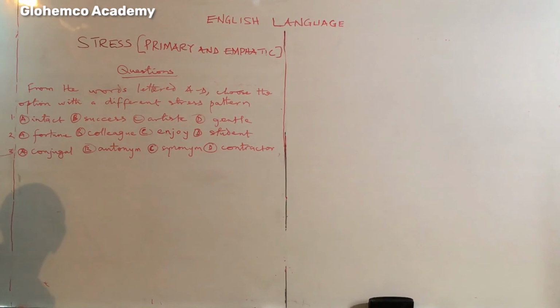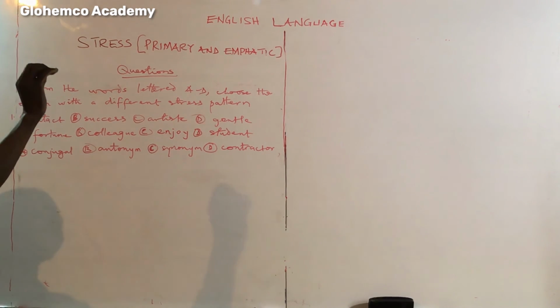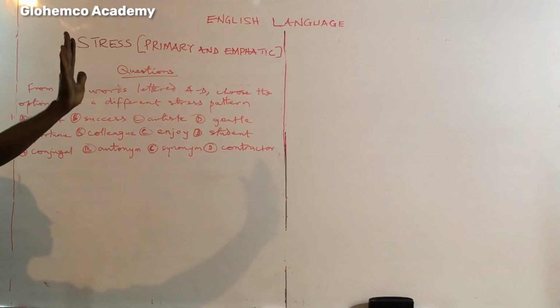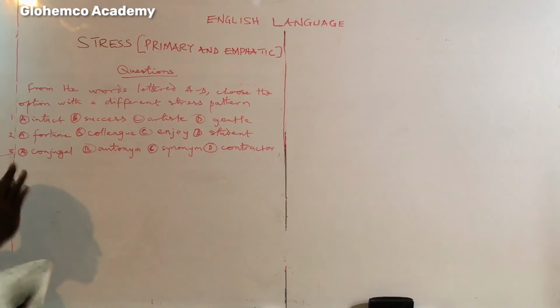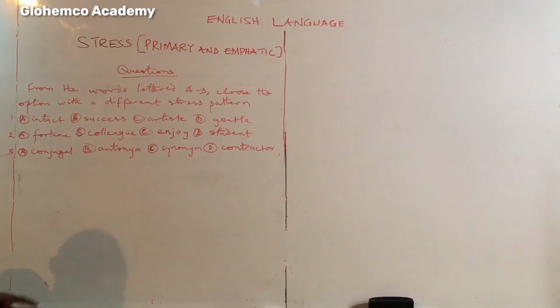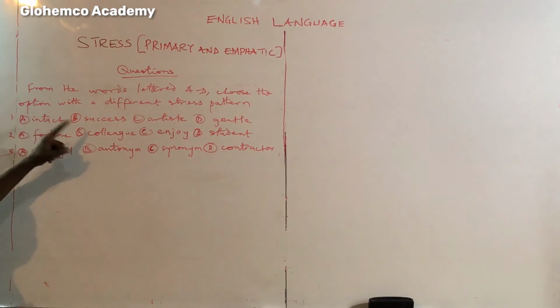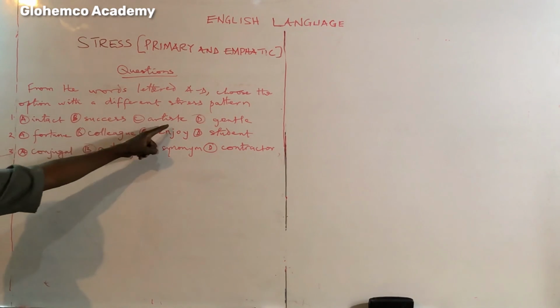Alright, now let's look at the first one. I'm very sure some of you will want to say this, because even in the exams, you will see some teachers, they will show you the packet of your exam papers. Look at it. It is intact. But we don't have intact in English. What we have is intact. So this is intact. This is success. This is artist.